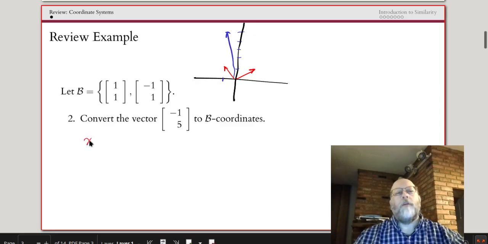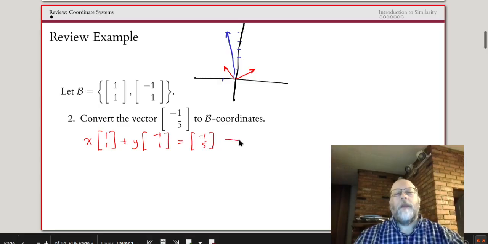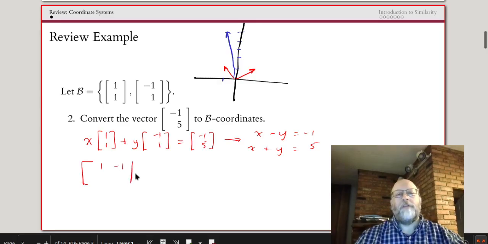We know that there is some number of vectors 1, 1 and some other number of vectors negative 1, 1 that when we add them together, we get negative 1, 5. But that's the same thing as saying that x minus y is equal to negative 1 and x plus y is equal to 5, which is solving this system.